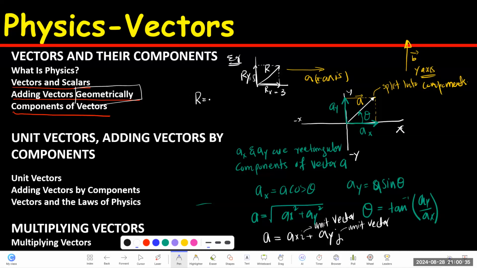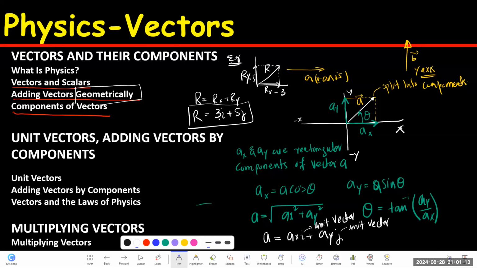Vector R should be Rx plus Ry, two components, and you can also write it like this: 3, 5. You can also write 3i, 5j. If you want to write it with a comma, that's fine. Sometimes you just write the plus sign, if it's a vector given in vector form, not in coordinate form. So you can write R equals.